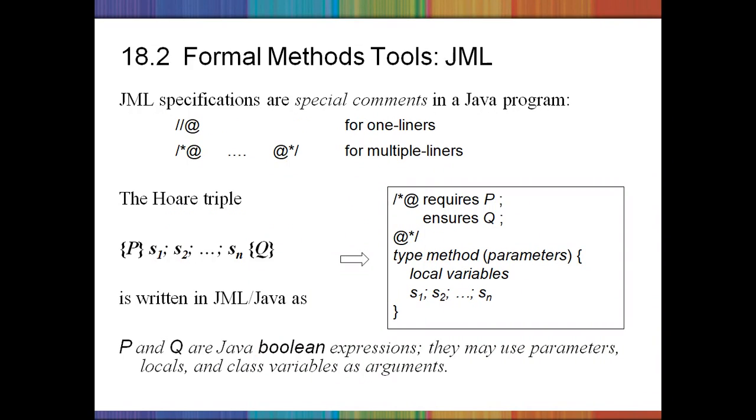The JML specifications are special comments in a Java program. If you want to mention the specification in one line, then use a single-line comment with @. If you want to mention it in multiple lines, then use a multi-line comment with @ at the start and @ at the end.